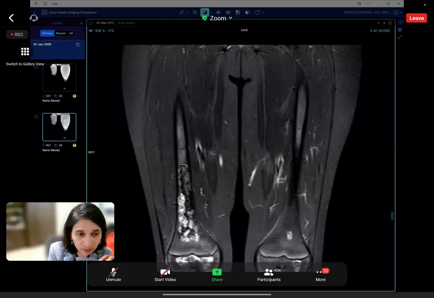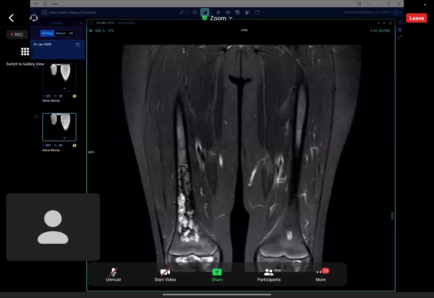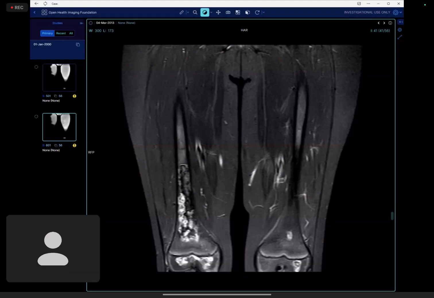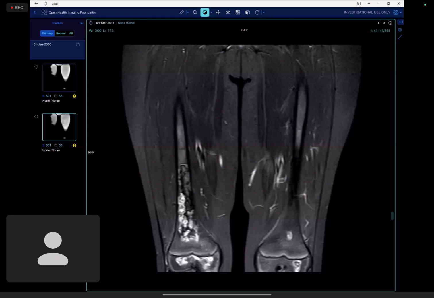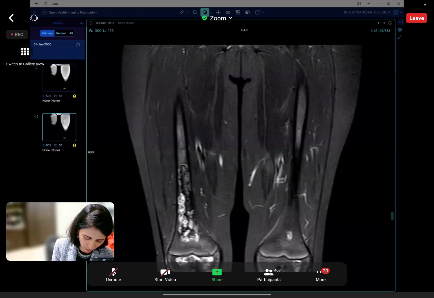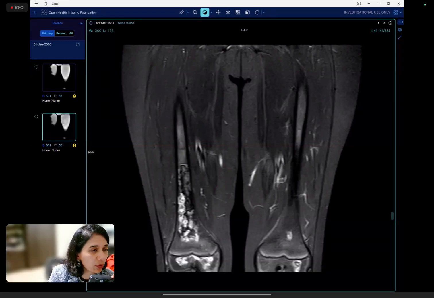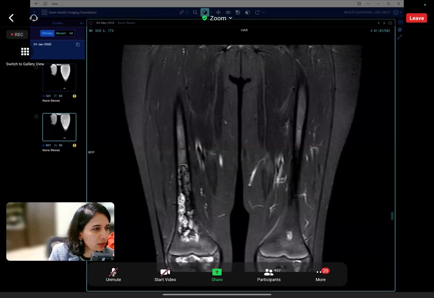Sickle cell anemia, Gaucher's disease, or if the patients are on long-term steroids. Okay. Fine. Good. So we'll move to the next case.